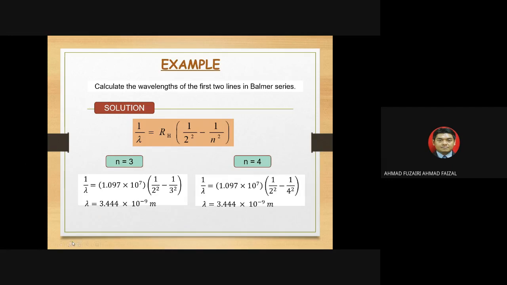Remember, the Balmer series is m equals 2, and n starts at 3, 4, and so on until infinity. So the first two will be n equals 3 and n equals 4. That will be the end of this part.